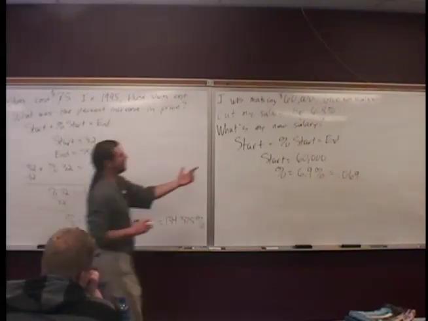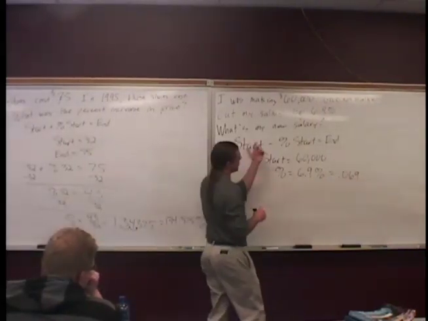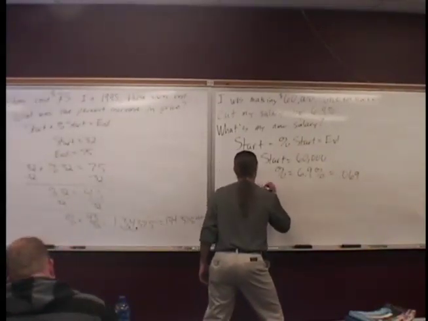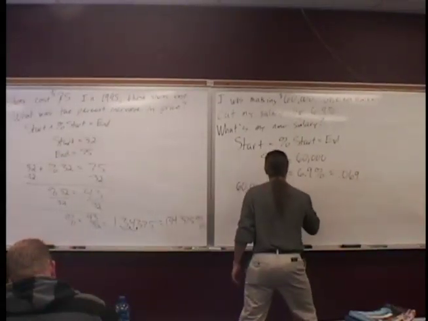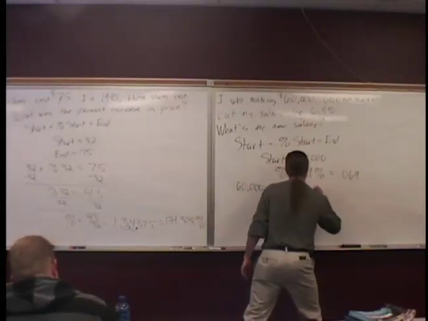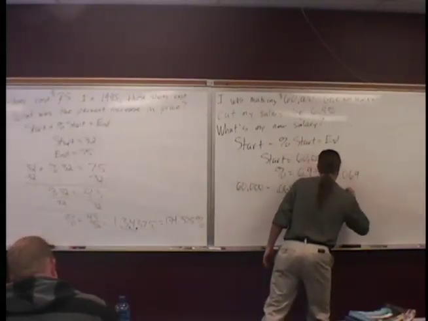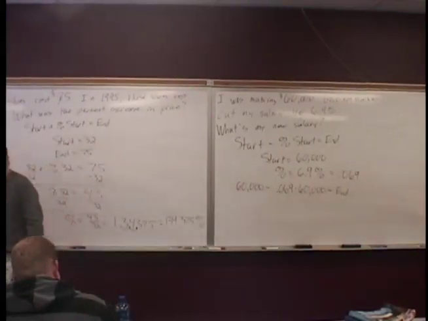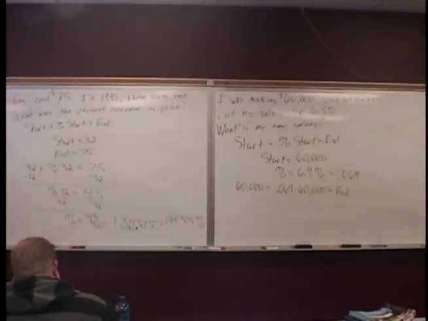And again, everywhere you see these values, plug them into your formula, right? So $60,000 minus 0.069 times $60,000 equals my ending salary. I'm hoping you could have done this one. Maybe not in your head, because multiplying 69 times 6 is a little tough.